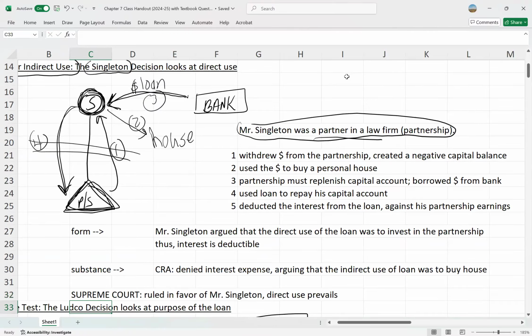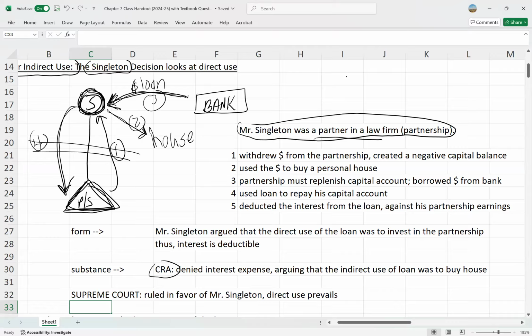So this was quite an interesting court case because a lot of the people in the tax community said, well, the CRA makes a good point because the substance of the loan, the indirect use, was basically to buy the personal house. The loan was used to fund his purchase of the house.